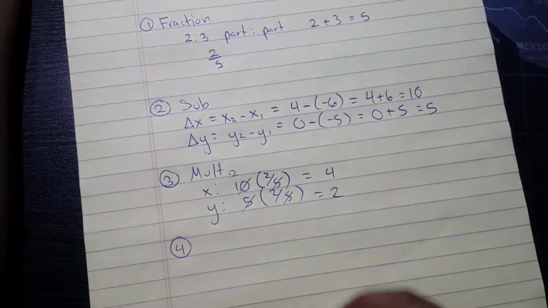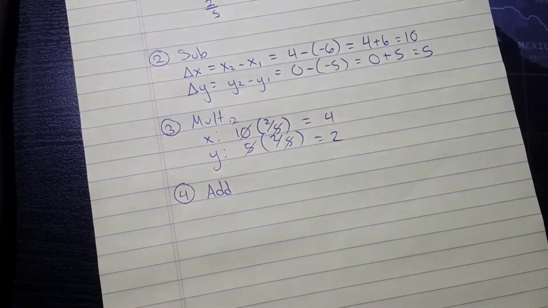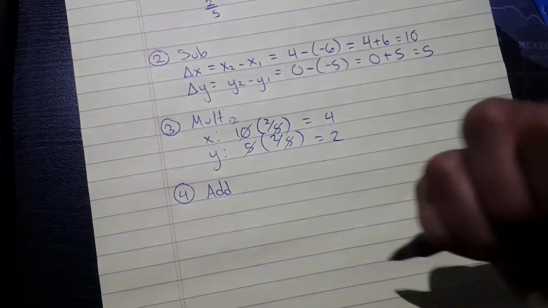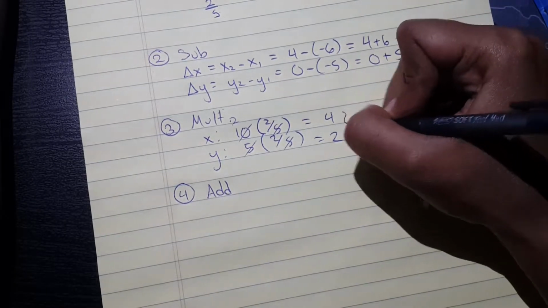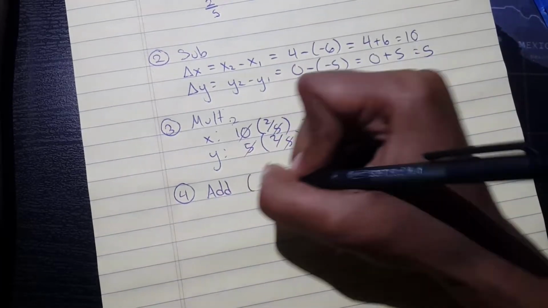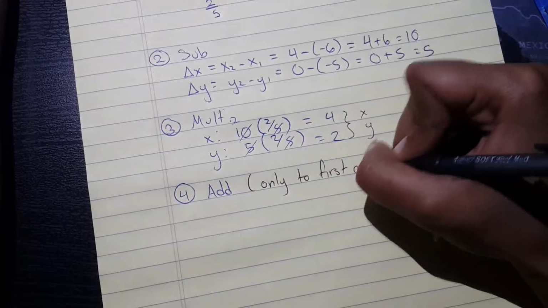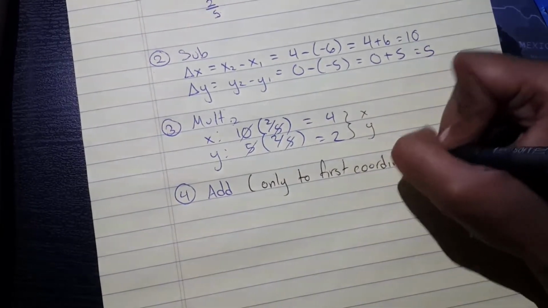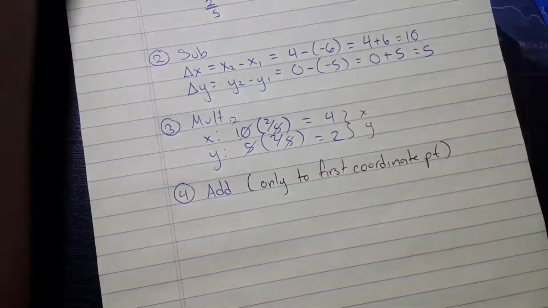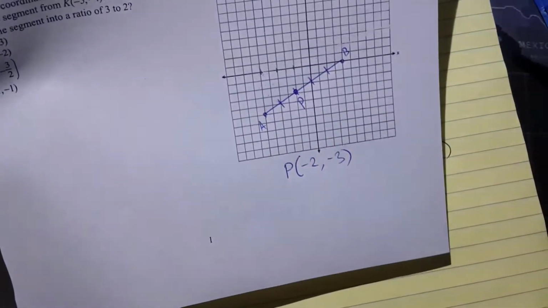Last but not least, you're going to do the addition. Now, very important note, you must add these values to the x and y coordinates of your first coordinate. So add only to the first coordinate point that they give you, and the reason why we're doing that is because we travel from left to right on the graph.